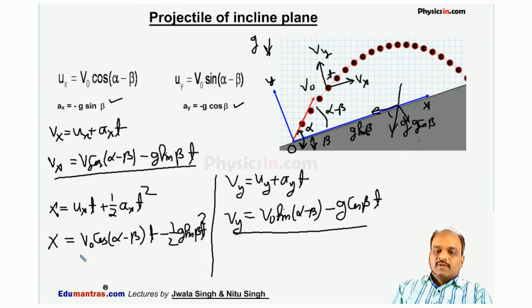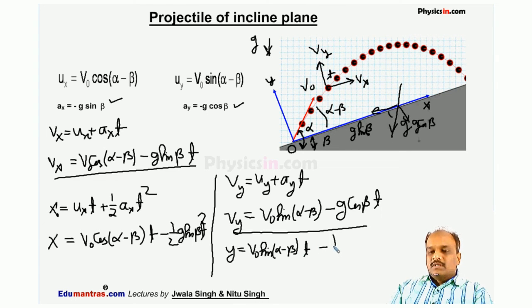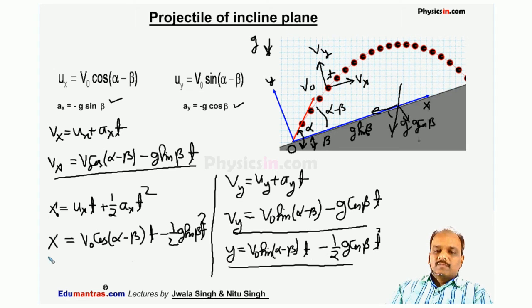This is our x coordinate as a function of time. In the same way, the y coordinate is v naught sin (alpha minus beta) into t plus 1/2 ay, that is minus g cos beta, into t squared. This is the displacement along the y-axis at any time t, and this is the displacement along the x-axis at any time t.